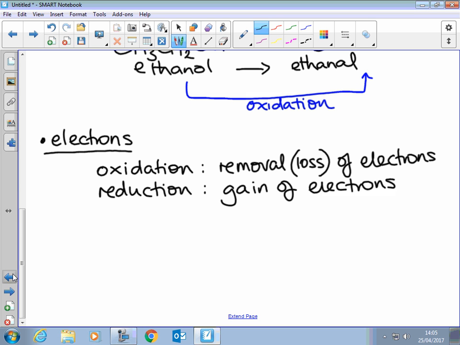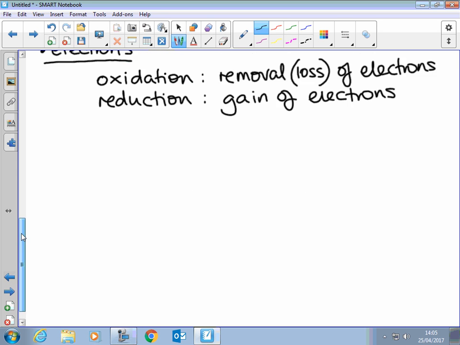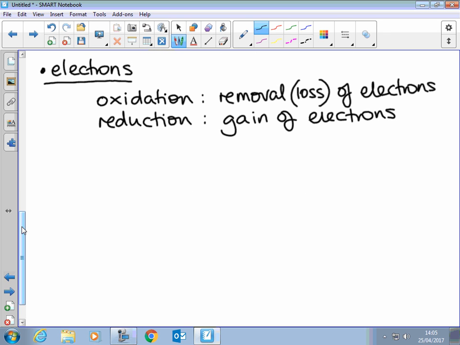But there is actually a better mnemonic, a trick for remembering which is which. And it's easier to use the loss and gain for that. It's the words OIL RIG. Some of you have obviously heard that before. So for OIL, oxidation is loss, reduction is gain. OIL RIG.